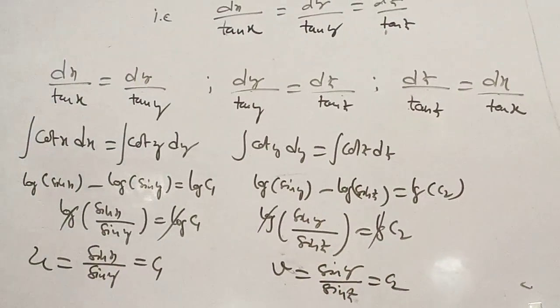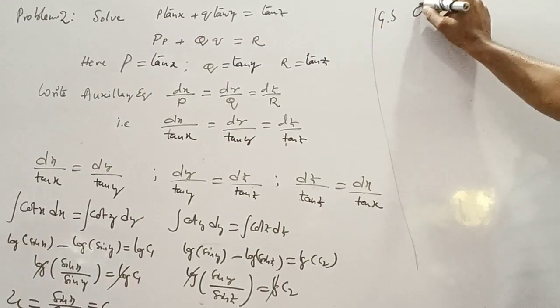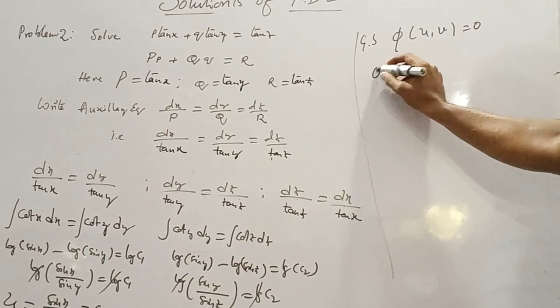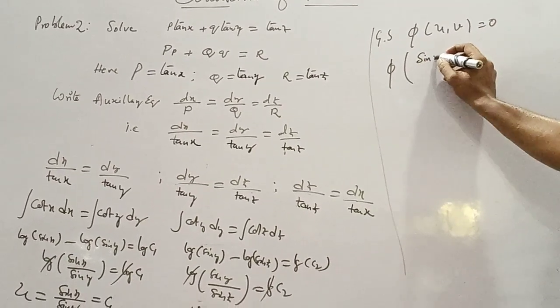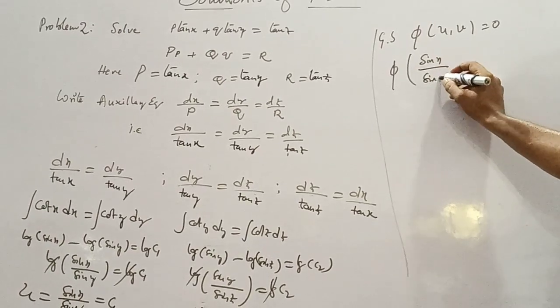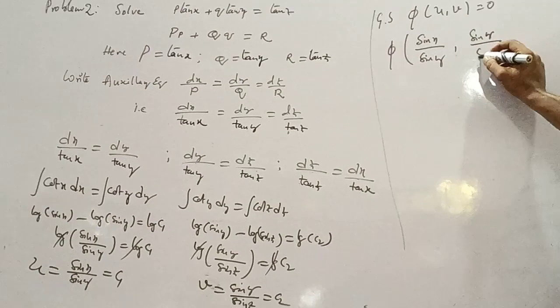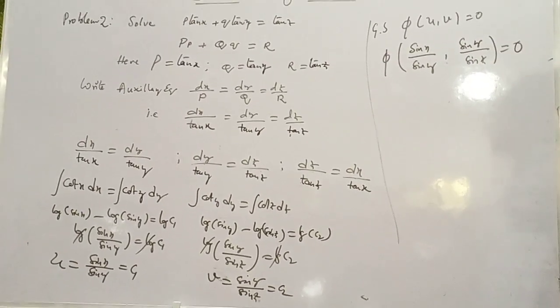So we have u and v. Then write the general solution: phi of u comma v equal to 0. So phi of sin x by sin y comma sin y by sin z equal to 0 is the general solution.